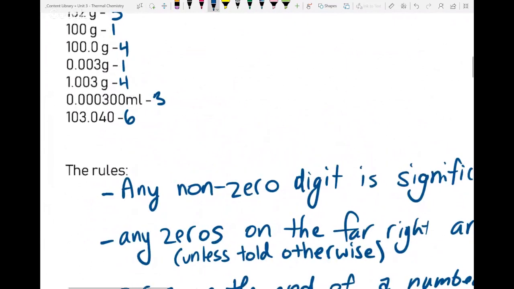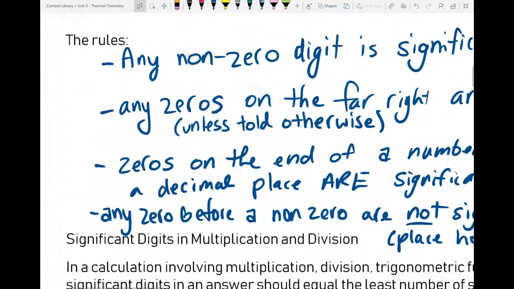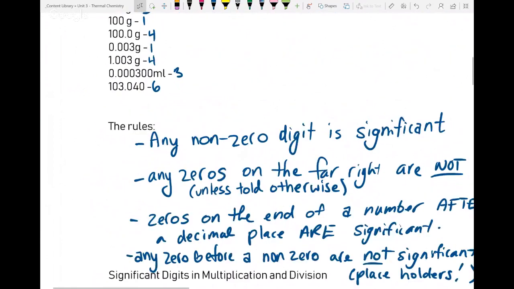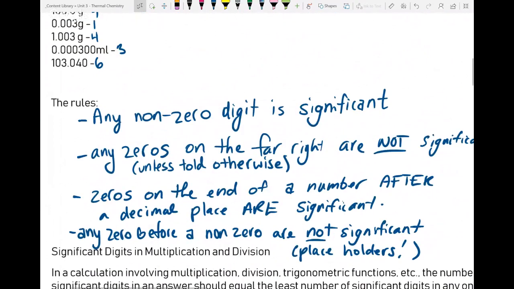These middle numbers here, any middle numbers always are significant. So it's only the ones on the end that you have to worry about, that you have to think about. Any numbers in the middle, even if they're zeros, they count. And that's why this is 4, this is 6. It's only here where, for example, these ones don't count, but the ones that do.